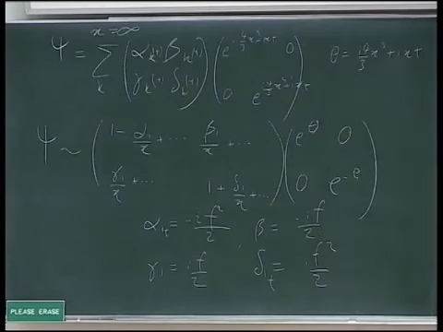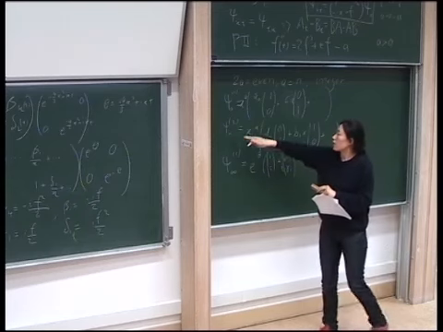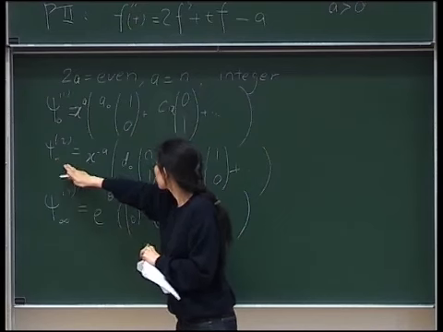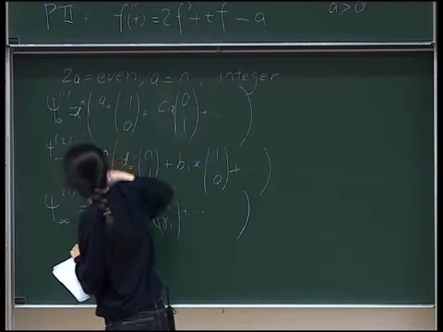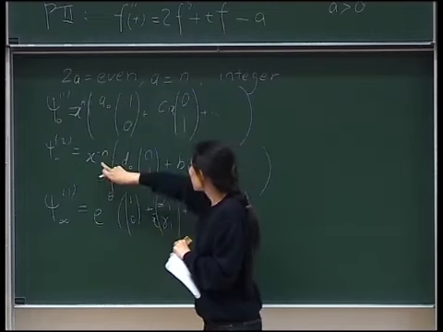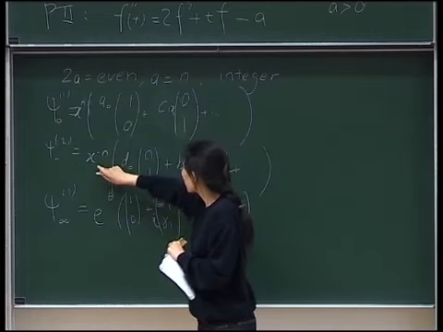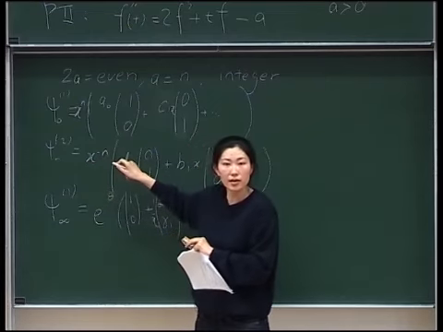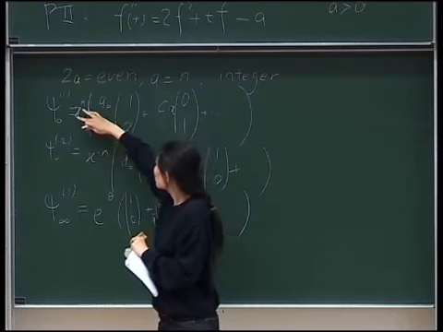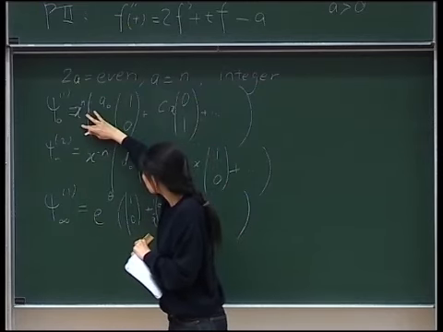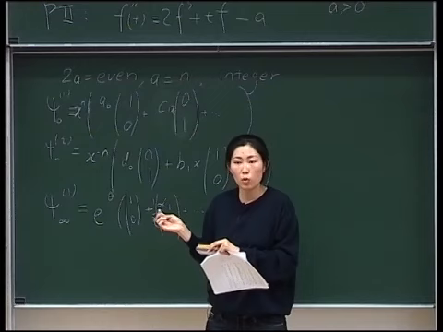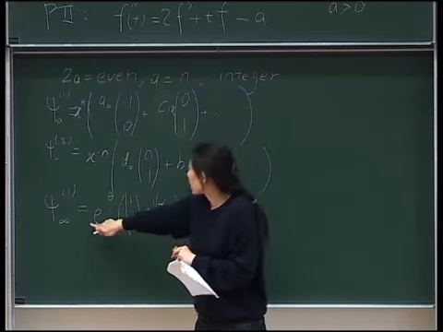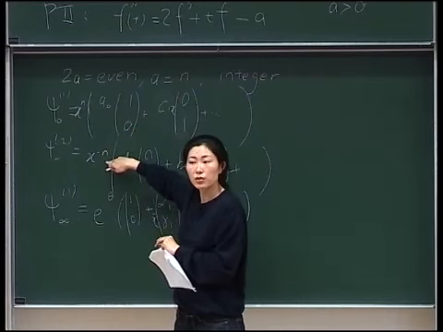But for the special case where A is n, we see that the expansion at 0 has leading behavior x to the minus n, and since these two solutions and this solution are solutions to the same equation, this has to be a linear combination of these two.